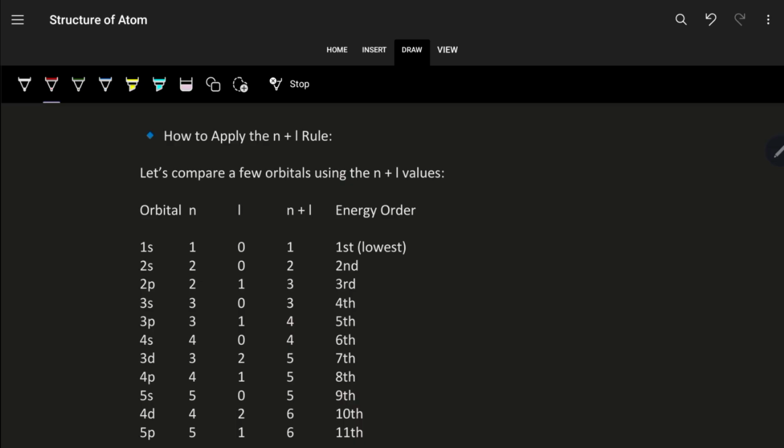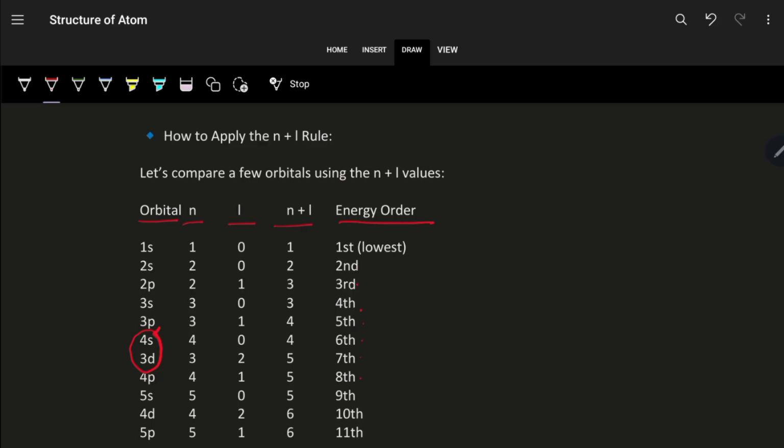So we can see the orbital, n, l and n+l, and this is the energy order in which it will be filling up. Here we can see 4s and 3d. It was having, see, 3p, n+l, which will be filled up first. See, first, second, third, fourth, fifth, sixth, seventh, eighth.